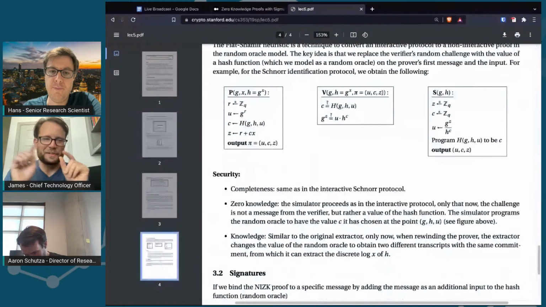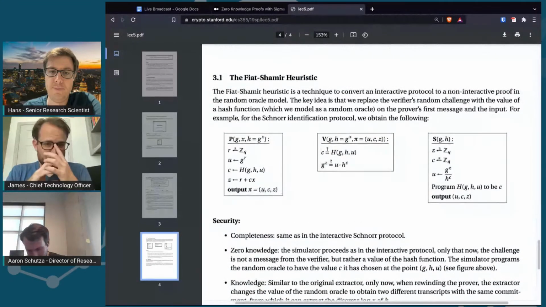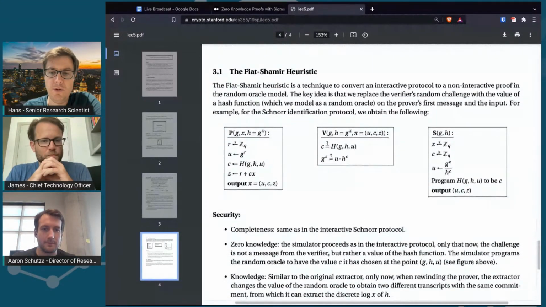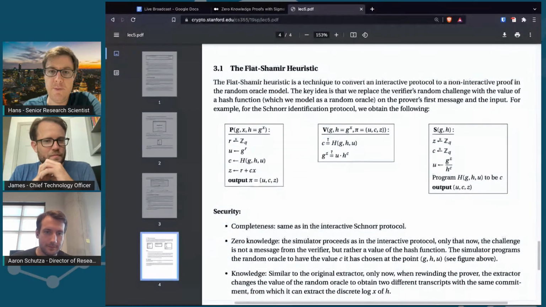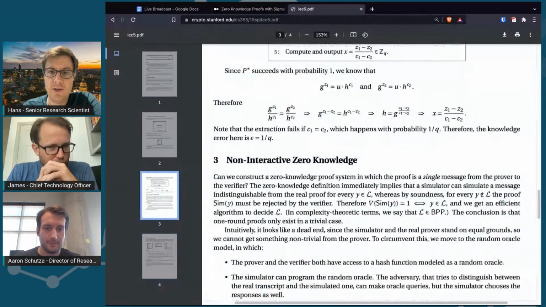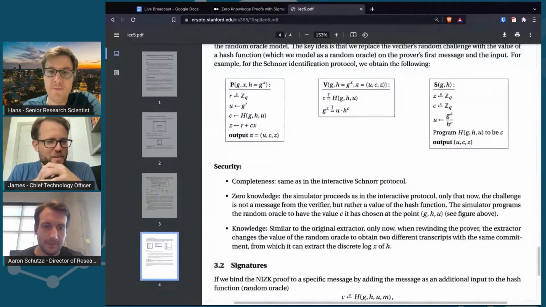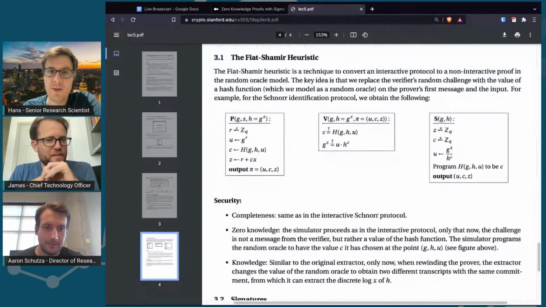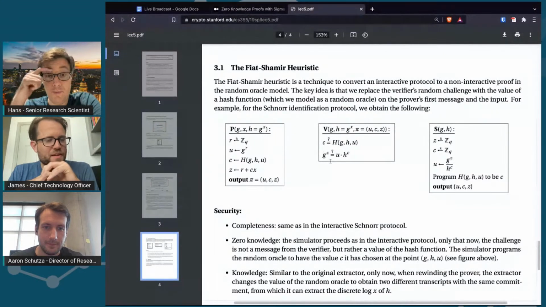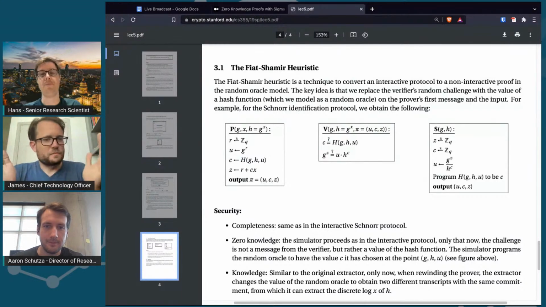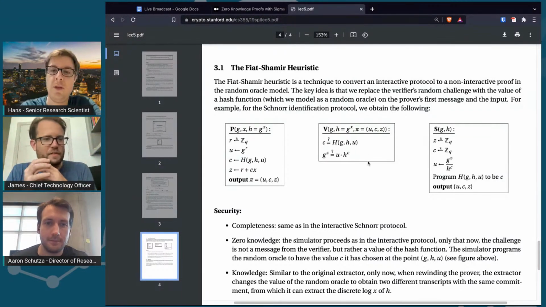Shall we do this one? I can start writing it out, but maybe the first thing to do is talk about what the Fiat-Shamir heuristic is, just at a high level, because I'm sure a lot of people haven't even heard of it.